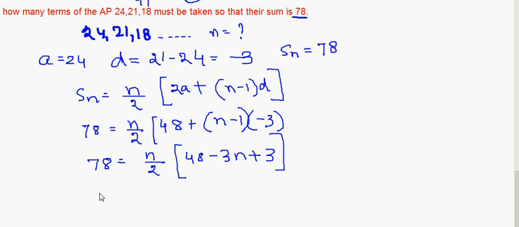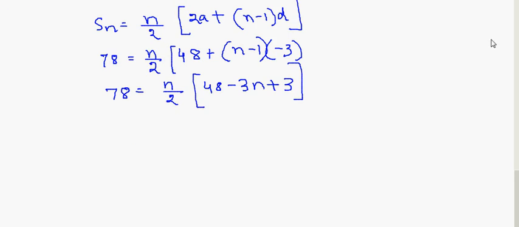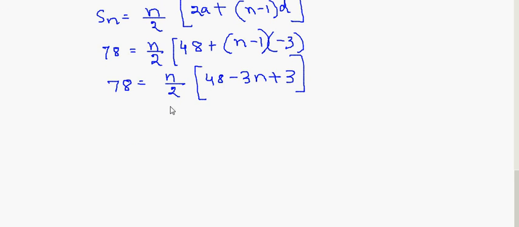I just keep on calculating. Let me just move the board a bit so that I make some space. Now what is 78 into 2? 78 into 2 gives you 156. 48 plus 3 gives you 51, minus 3n.